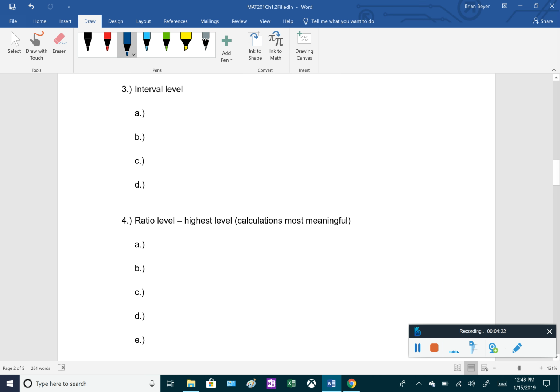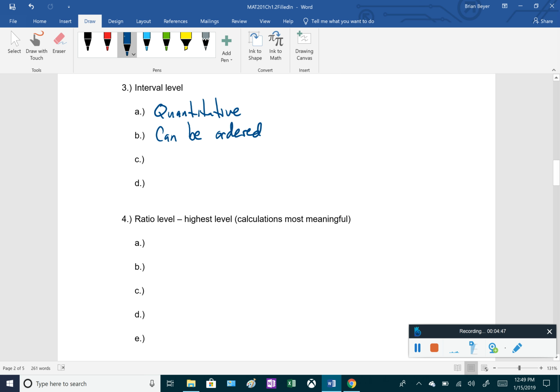For 3, the interval level, this is going to be quantitative only. So only quantitative. And the data can be ordered. It doesn't have to be though. And just like the name suggests, for interval, meaningful differences in the data exist.